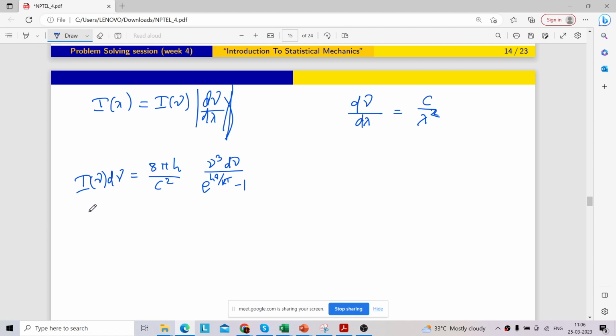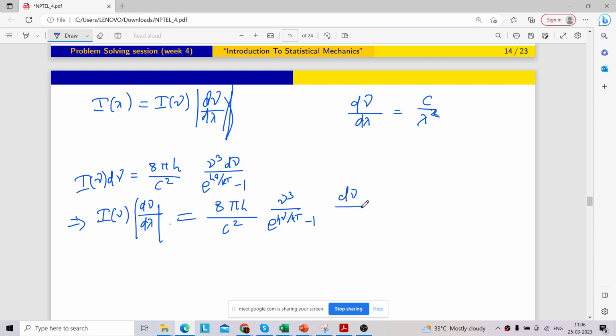As I am writing this in terms of I lambda, I can divide this by d lambda, then I'll get this form with d nu over d lambda. Then I'll have 8 pi h over c square nu cube over e to the power h nu over kT minus 1, times d nu over d lambda, and this value is here.